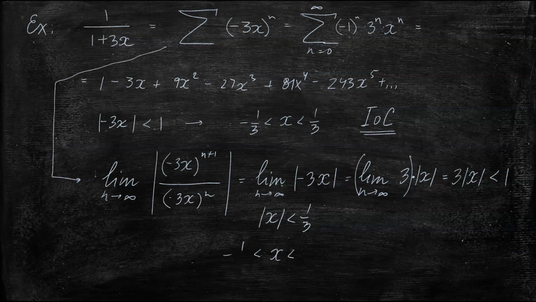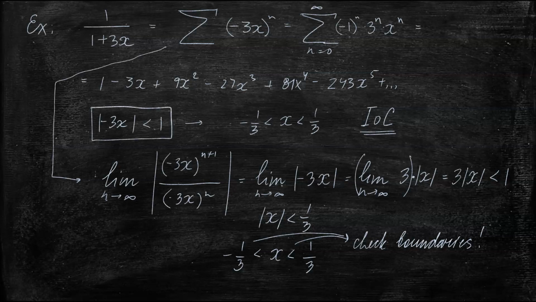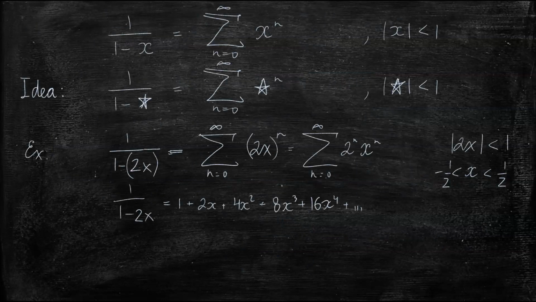So to find the interval of convergence, you can use either approach, and of course we still have to check the boundaries. I'm not going to do this right now just to save some time, but we know analytically that the boundaries are not included because of this inequality that we used, that was derived from the original identity over here.